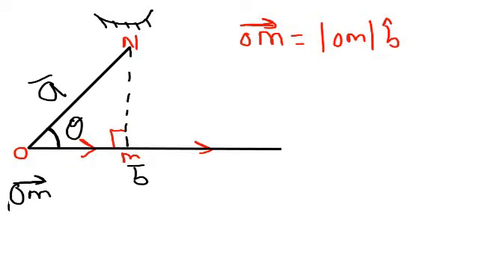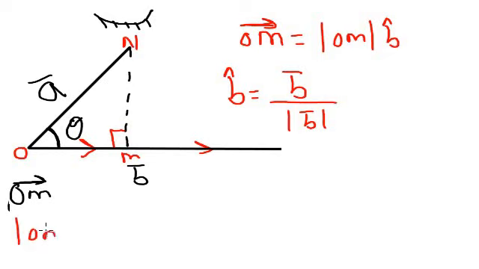So if that is the case, what is the unit vector of vector B? To determine the unit vector of any vector, that's simply the vector itself divided by its magnitude, so B divided by the magnitude of B. But earlier, we were able to determine the magnitude of vector OM, and we got that to be the dot product of the two vectors all divided by the magnitude of the recipient vector.